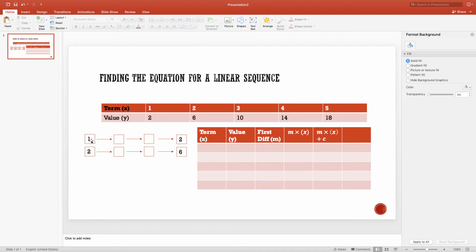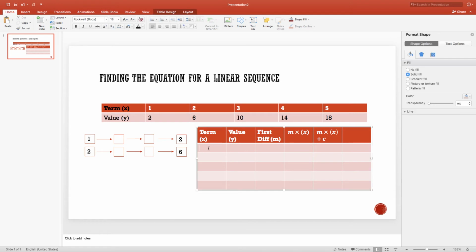And we want to know what is the rule, what process takes 1 and maps it onto 2, what rule takes 2 and maps it onto 6, 3 to 10, 4 to 14, and 5 to 18. And the way we're going to start this again is just as we did before. We're going to set up a table of differences.